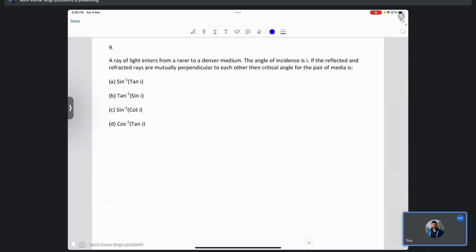So here we have a ray of light entering from a rarer to a denser medium. This question is a simple Snell's law problem, and the angle of incidence is given, I. So this is a rarer medium, and this is a denser medium.